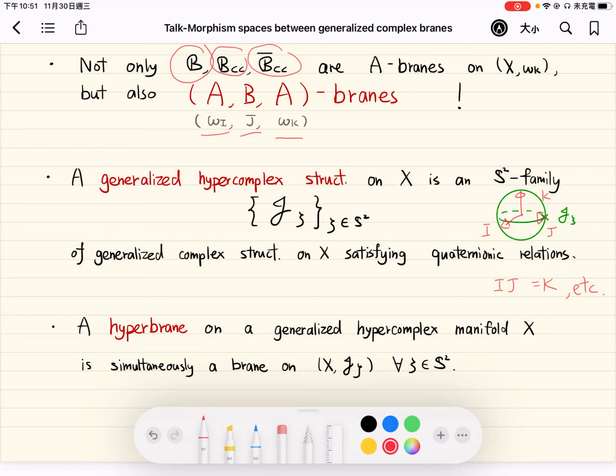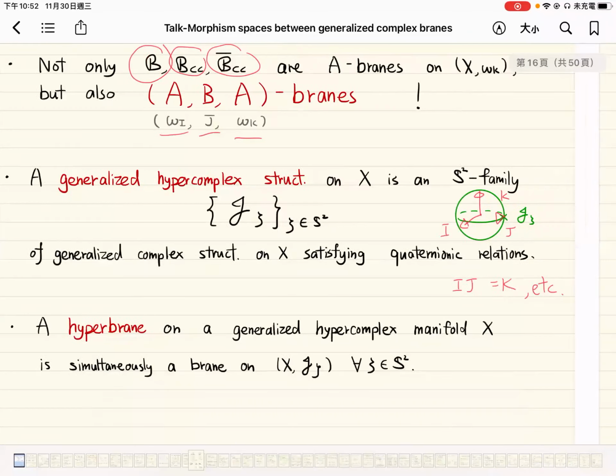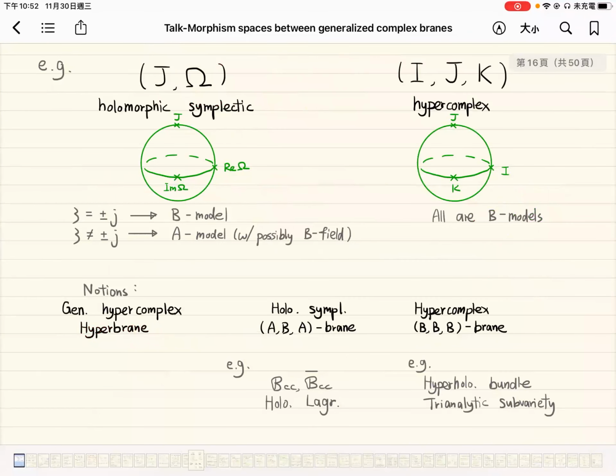You have that kind of quaternion relations, and that means a generalized hypercomplex structure on X. Then we can also talk about hyperbranes, a new notion: if X is equipped with a generalized hypercomplex structure, then a hyperbrane is an object that is simultaneously a brane on X with respect to any generalized complex structure within that twisted family S2. So ABA branes are an example of this kind of hyperbrane with respect to a certain kind of generalized complex structure.